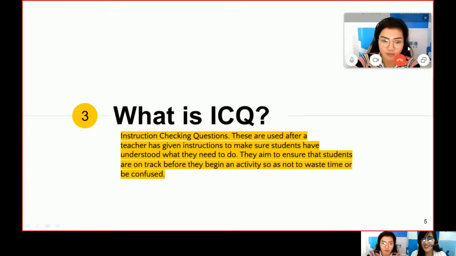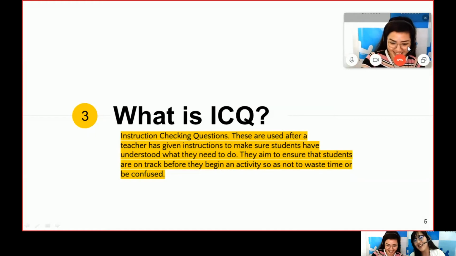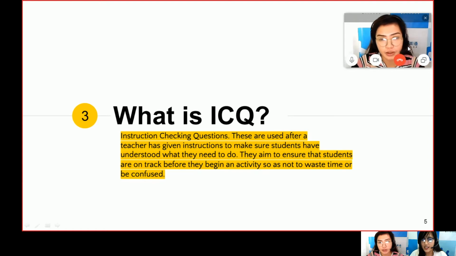Yes, you're welcome. So number three, ICQ. This is important, because sometimes teachers tend to forget the ICQ. ICQ is instruction checking questions. Please kindly read, teacher, the meaning of the ICQ.